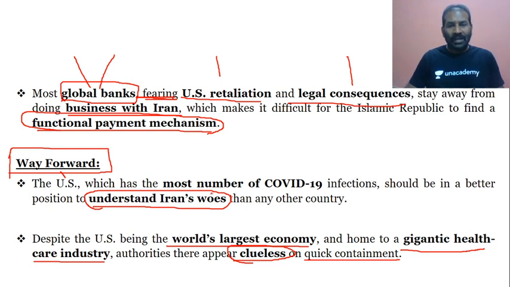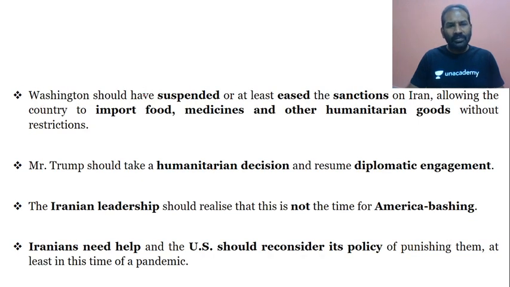But at least under humanitarian conditions, the US has to ease the economic sanctions on Iran. Washington should have suspended or at least eased the sanctions on Iran, at least on the basic amenities, that is, on food, medicines, and other humanitarian goods, which are essential goods.